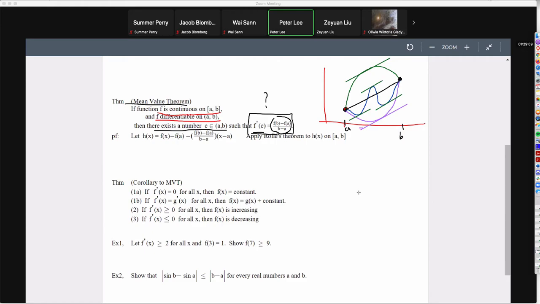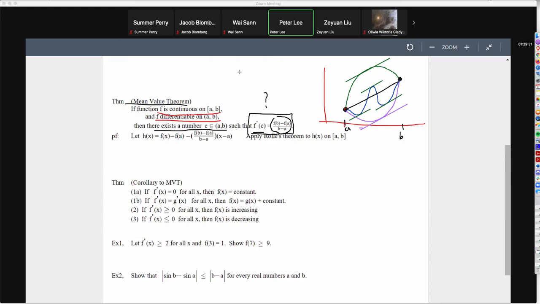That means there's a point somewhere at C where the derivative of the curve at that point is equal to the slope of the line connecting the 2 endpoints. So no matter how you graph, there is actually a point which has that. That's what we call the mean value theorem.